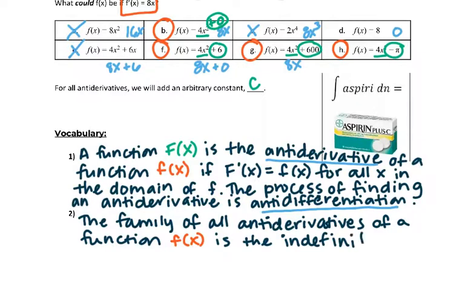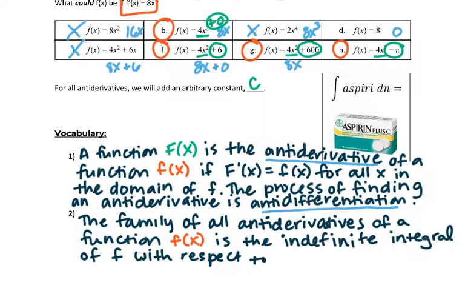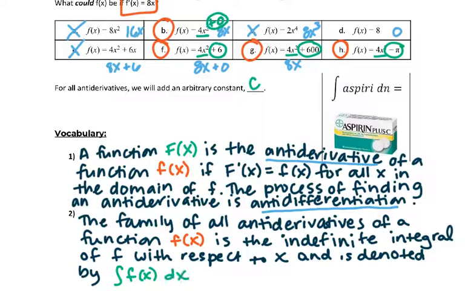The indefinite integral, so not the finite integral that we looked at today or yesterday, but the indefinite integral of f with respect to x, and is denoted by the integral sign without an a or b bounding it, f of x dx.